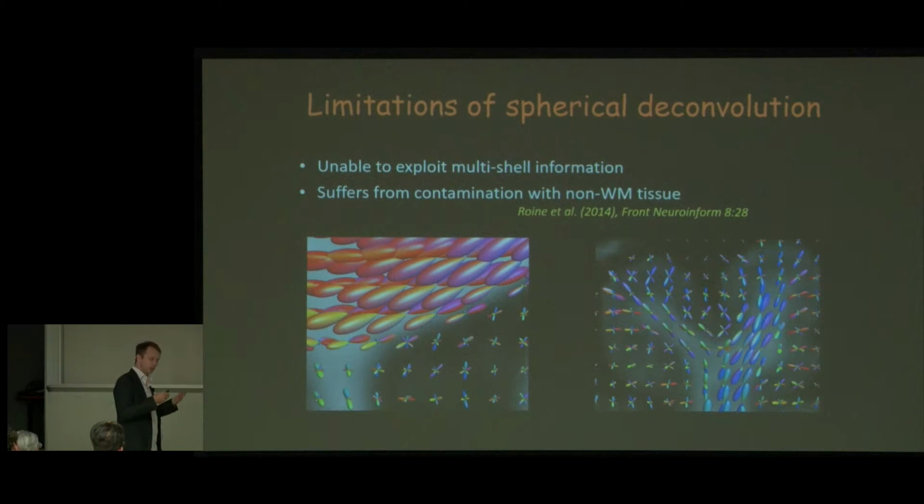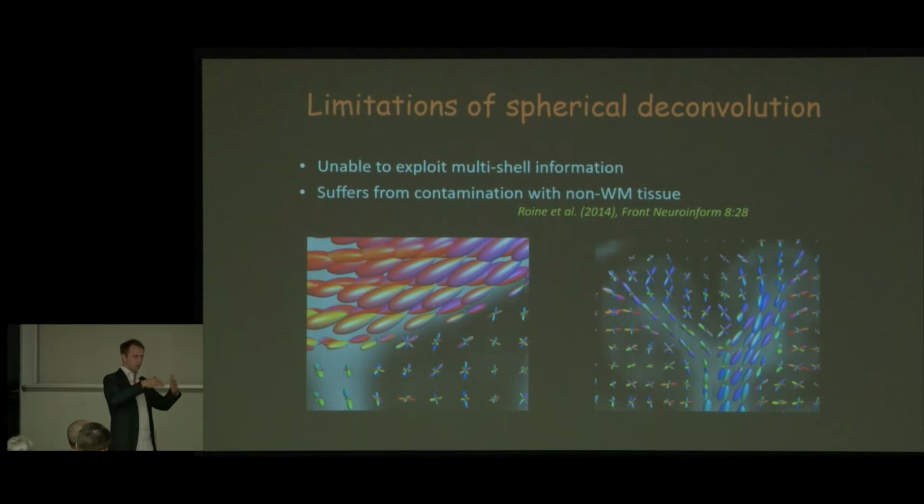In fact, you could easily extend spherical deconvolution to take account of the multiple shells, but it doesn't really help in terms of resolving crossing fibers, because the signal from the low shells is so much higher in amplitude than the high shells that it dominates the fit. And then you get a loss of angular resolution because those terms are more band limited at the lower b-values than the high b-values. So it was actually counterproductive to use multi-shell data in CSD as it was.